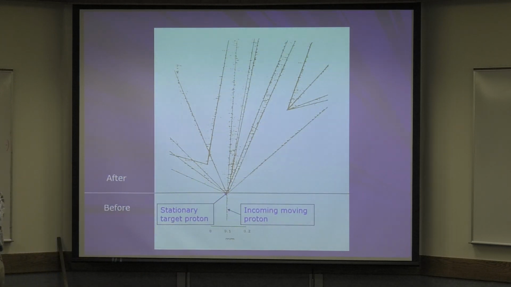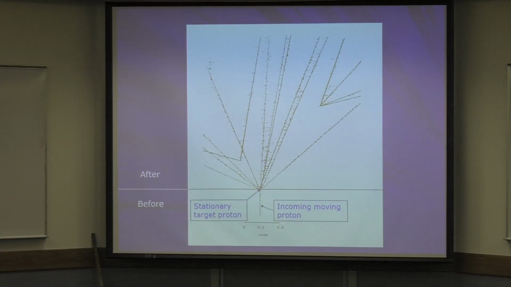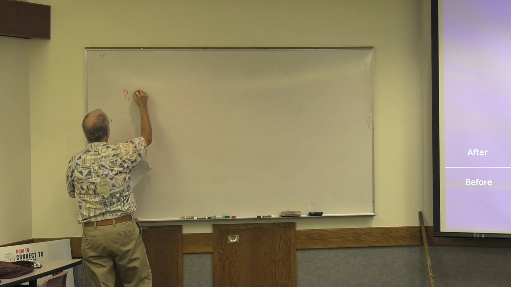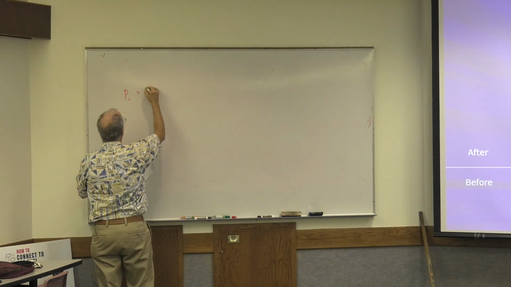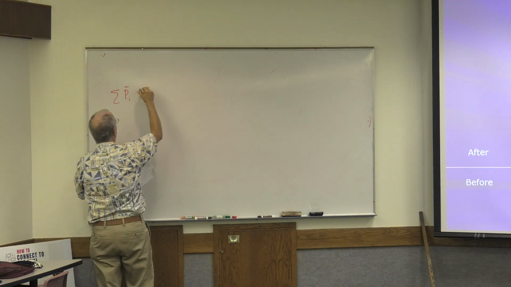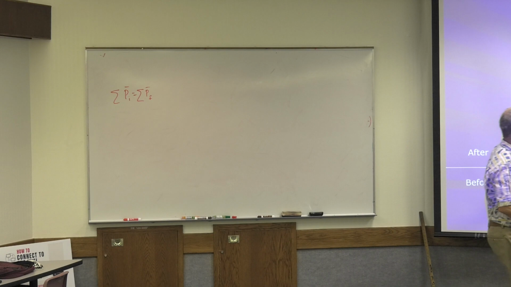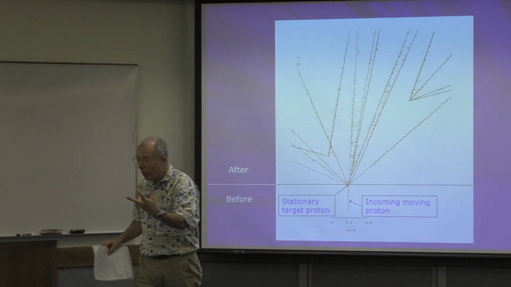We're going to assume that momentum is conserved. It's an isolated system. So therefore, momentum initial has to equal momentum final. Because there are lots of particles after the collision, we really need a sum, because it's the total momentum.